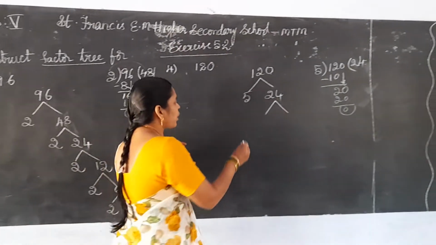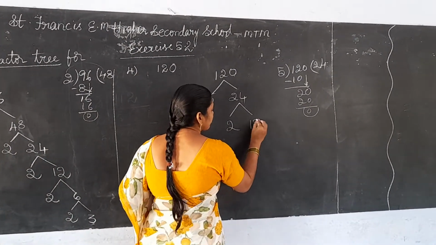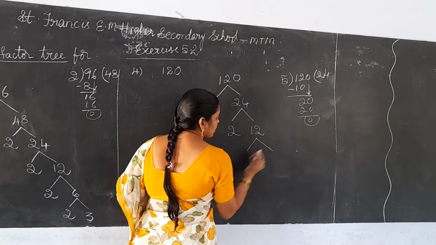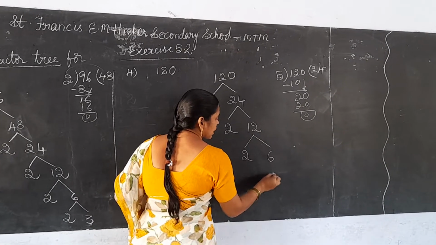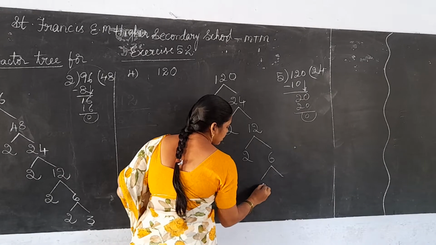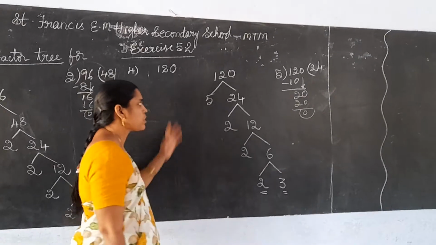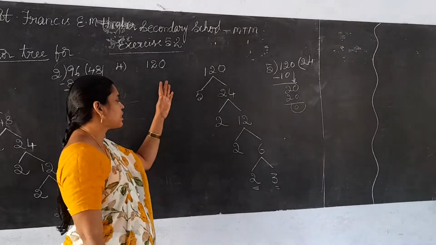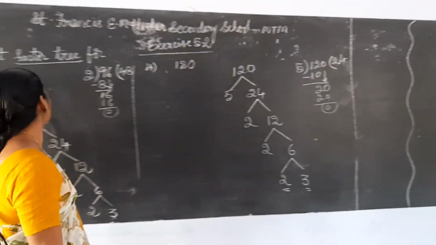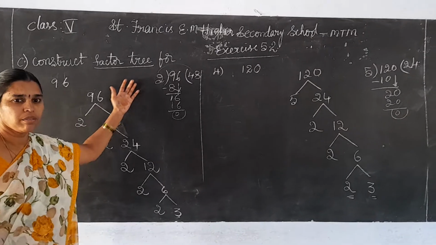So 2 into 12. Again this can be written as 2 into 6. Again this can be written as 2 into 3. Both are prime numbers. The sum is finished. This is called the factor tree. Okay children?